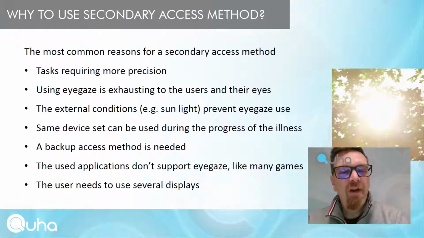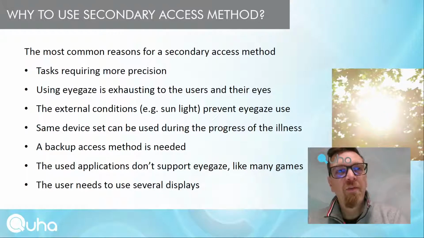A secondary access device also provides a backup access method if needed. And then, quite a common case is that many applications, especially many games, don't support eyegaze, but they support mouse. So using a mouse instead of eyegaze enables playing games for the users.